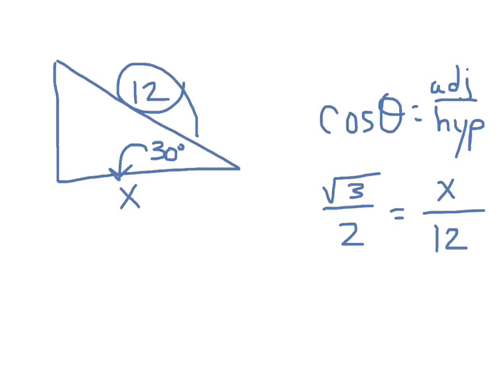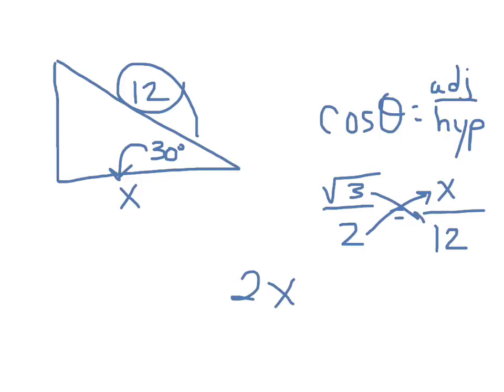Because, as we said, it's adjacent over hypotenuse. If it would have been something else, then I would have picked a different number or a different ratio. Now, how do you solve something like this? Cross multiply. All right. So if I cross multiply, what's 2 times x?